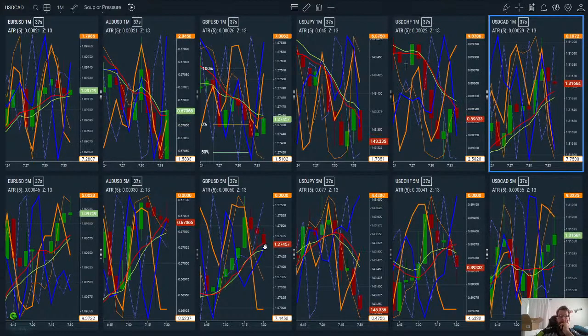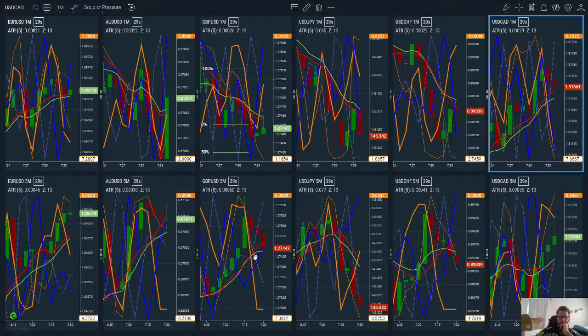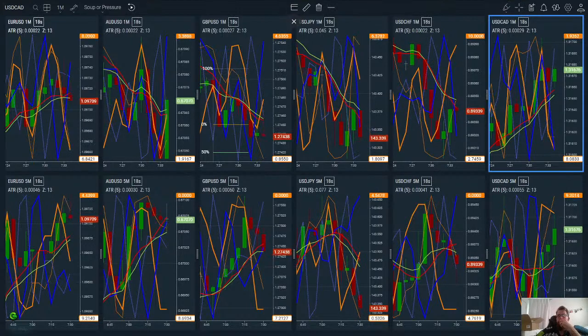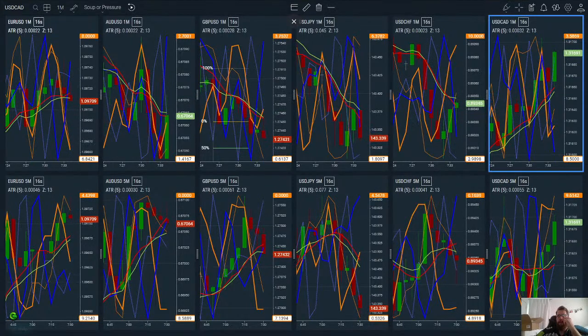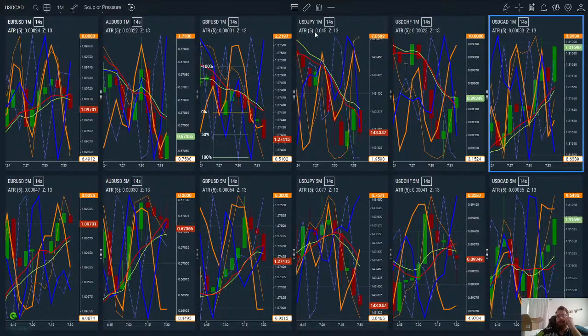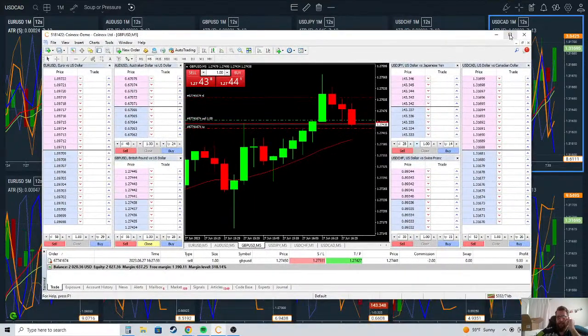This could be one of those times where it bounces off here. And our take profit is just under that. If we go much lower, I might just move our take profit to basically break even.